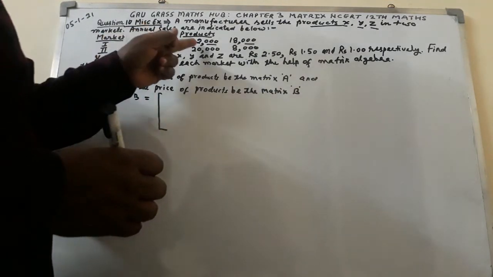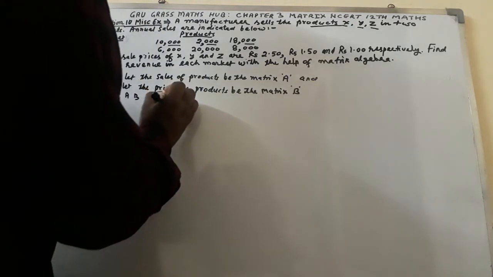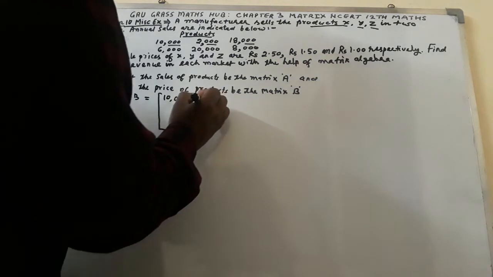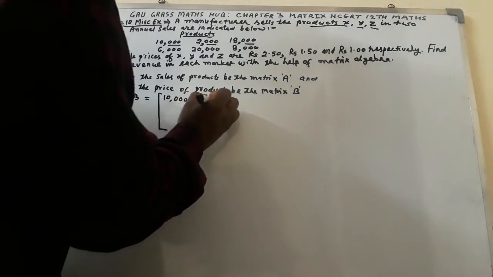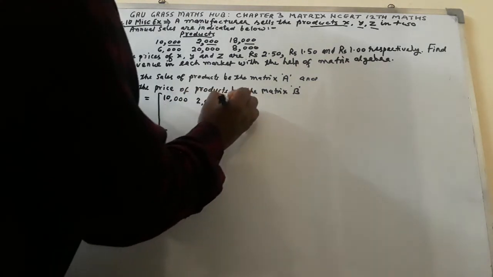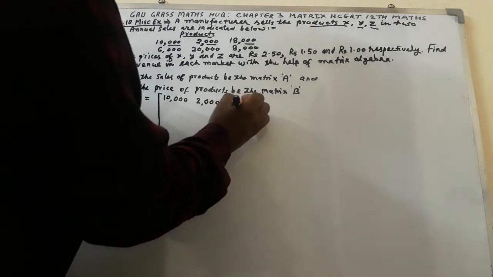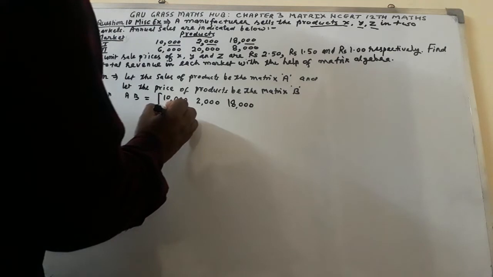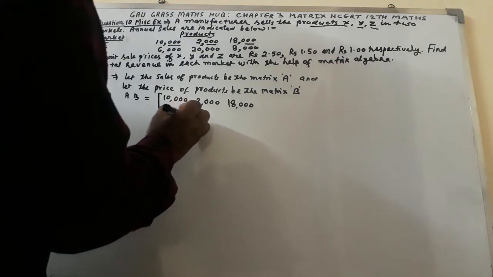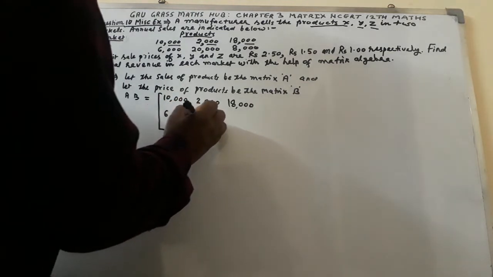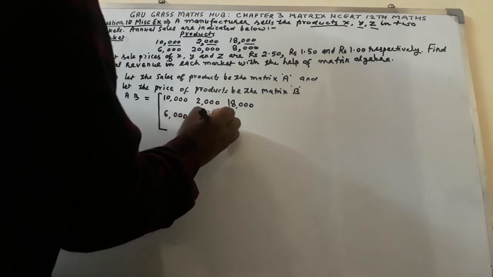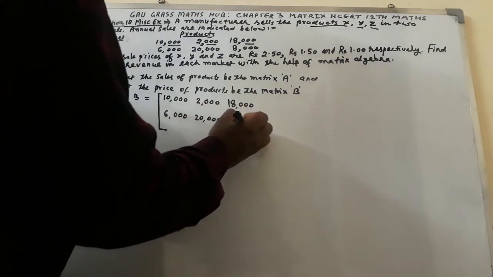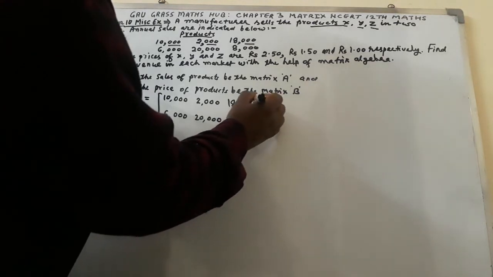I shall take from the question: 10,000, 2,000, 18,000, 6,000, 20,000, 8,000.